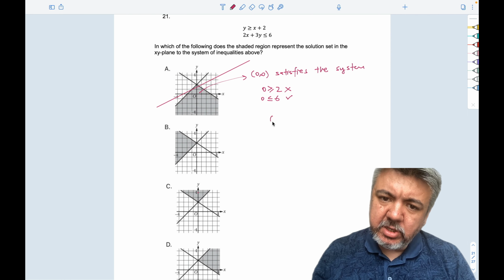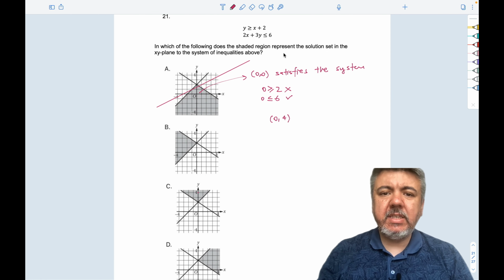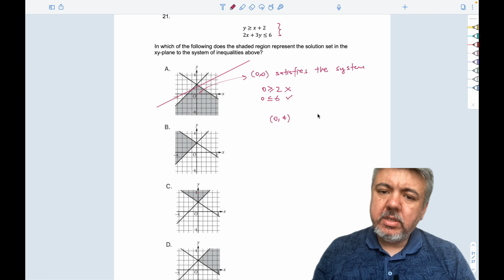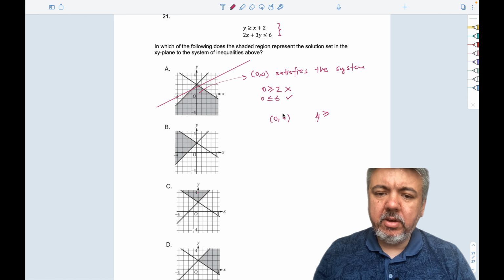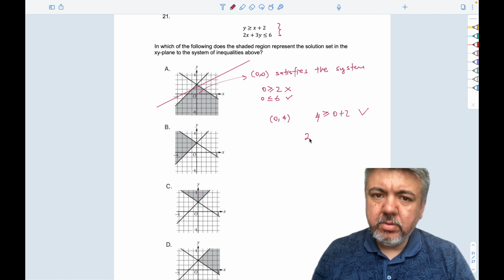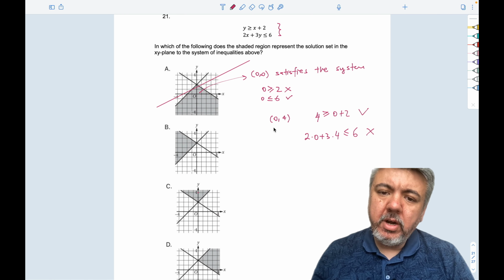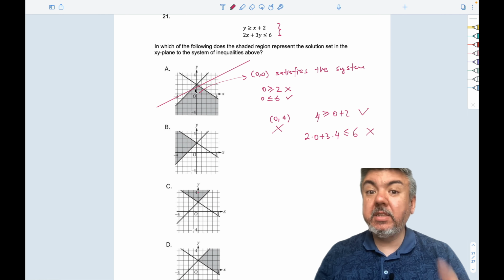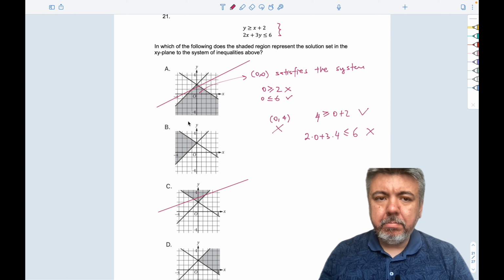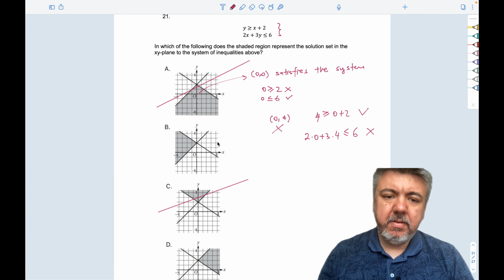I will take 0, 4 and see if it satisfies both inequalities. 4 greater than or equal to 2, that checks. 2 times 0 plus 3 times 4 less than or equal to 6, not possible. So 0, 4 is not in the system, it's not in the shaded region. So C is cancelled. So I have B and D to check.